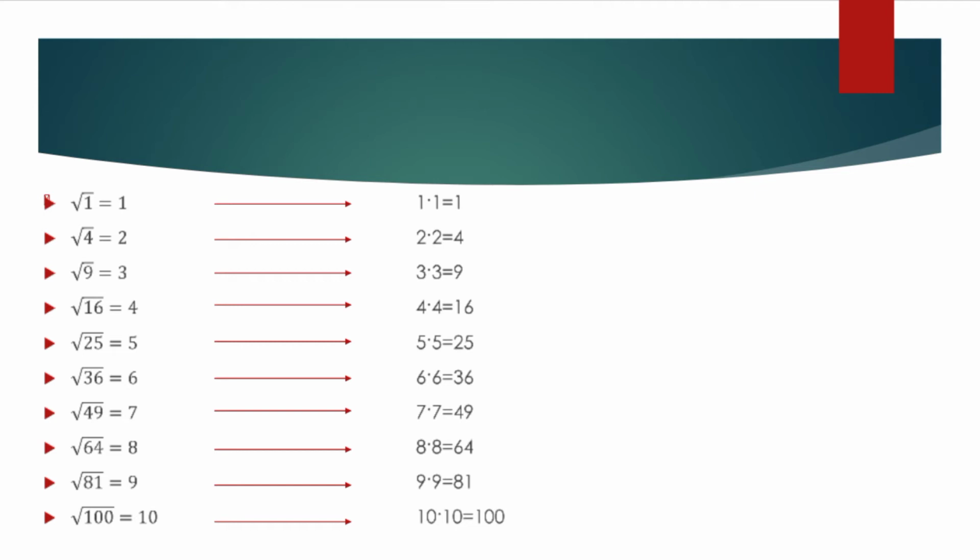The square root of 16 is 4. The square root of 25 is 5. The square root of 36 is 6. The square root of 49 is 7. The square root of 64 is 8. The square root of 81 is 9. The square root of 100 is 10. And so on and so forth.